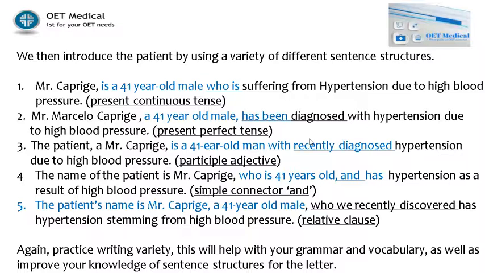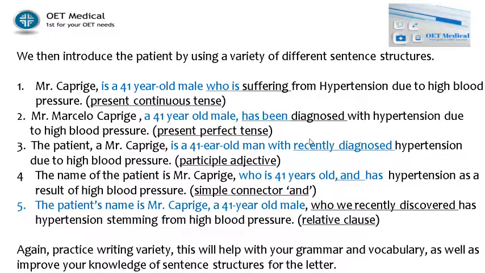The patient's name is Mr. Capridge, a 41-year-old male who we recently discovered has hypertension stemming from high blood pressure. So I forgot to put the colour of that in. So we have a relative clause here, who we recently discovered. The who tells us it's a relative clause, okay?